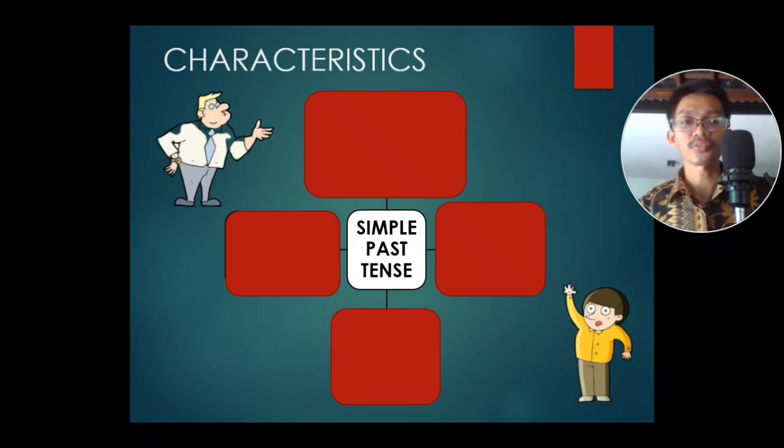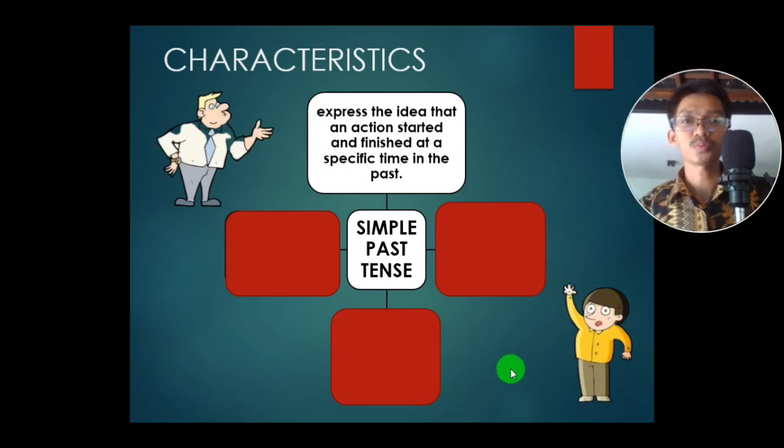Alright sir, the first one, it expresses the idea that an action started and finished at a specific time in the past. Or simple past tense is used to tell or explain events, activities, or things that happened in the past.